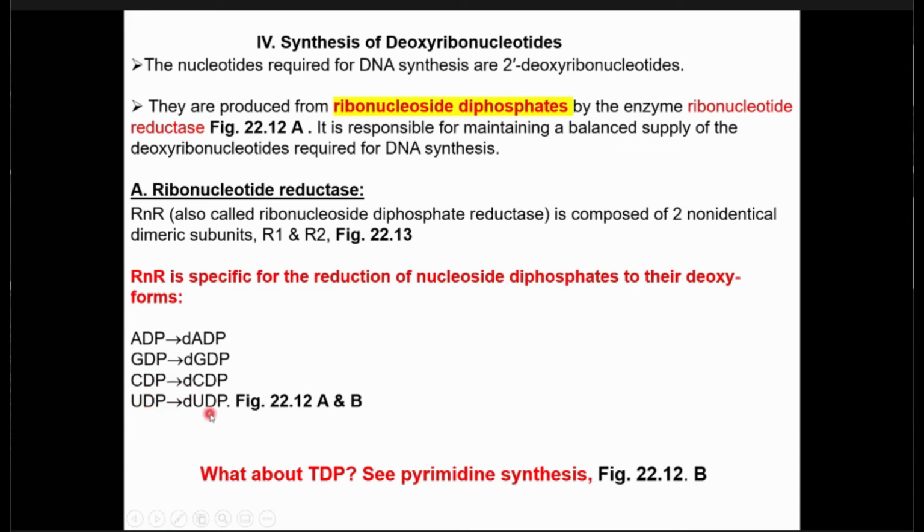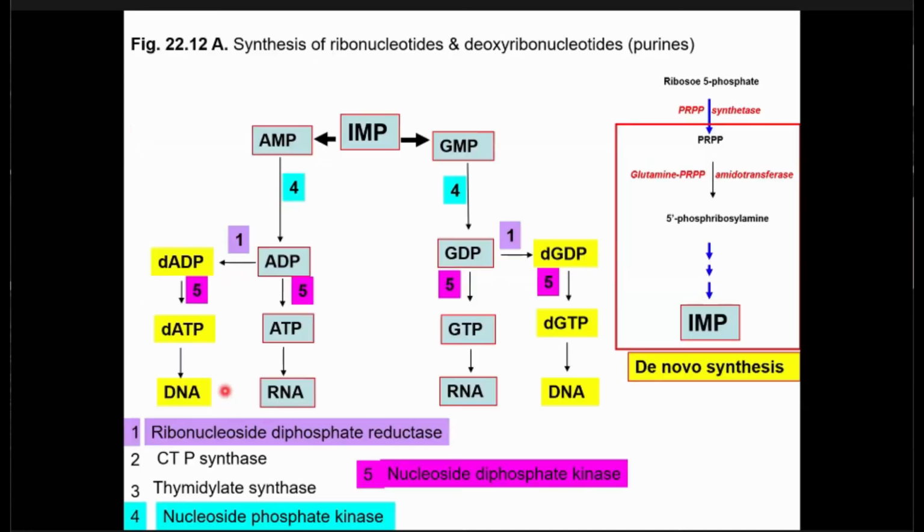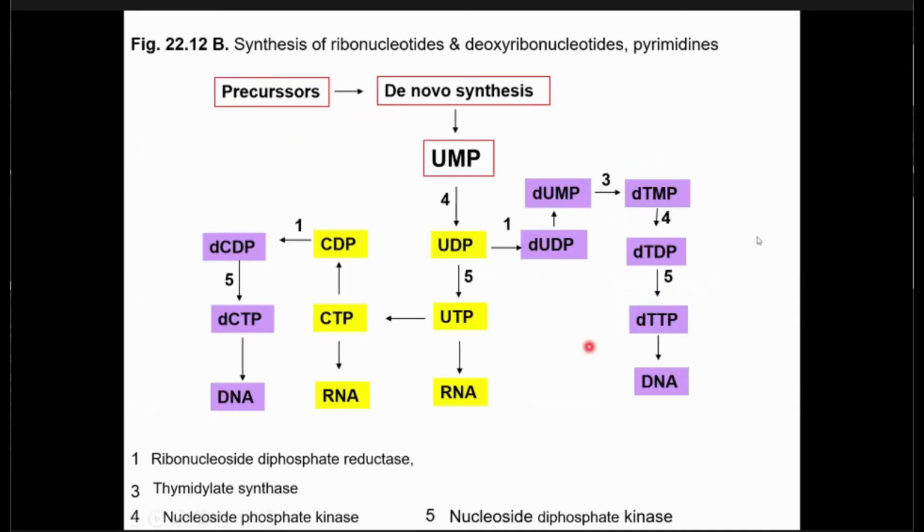Someone might ask, oh, doctor, the DNA needs dTTP, and it's not here. The answer to this is in this slide. This is where we get our dTTP: the UDP of the RNA will be converted to dUDP, then dUMP, and comes to the dTTP. So what is the only information you should know?